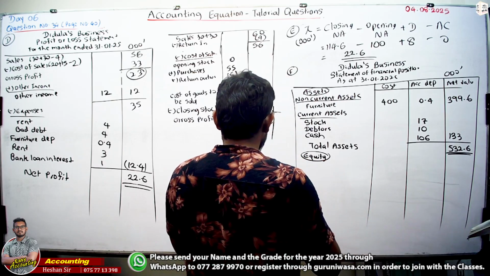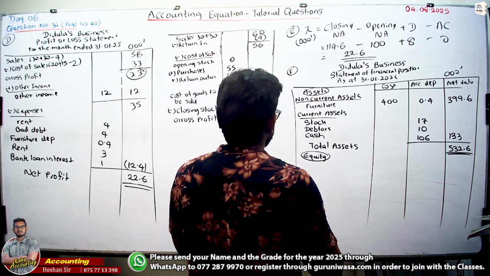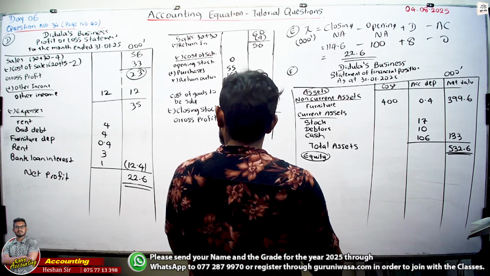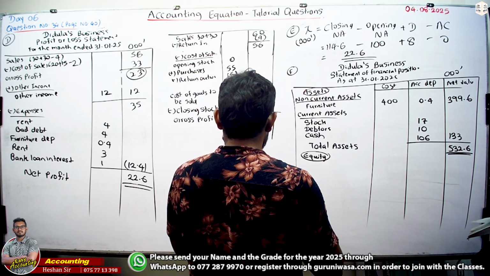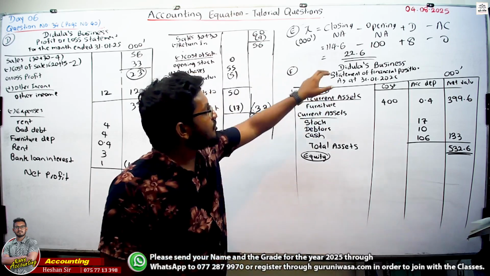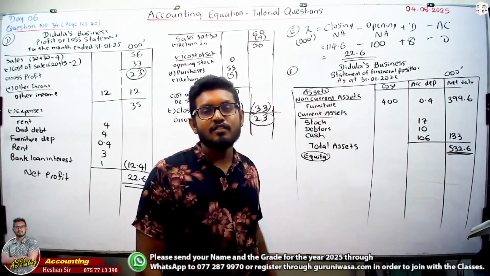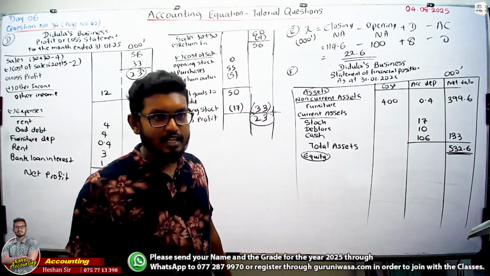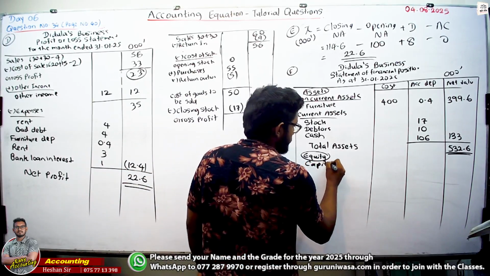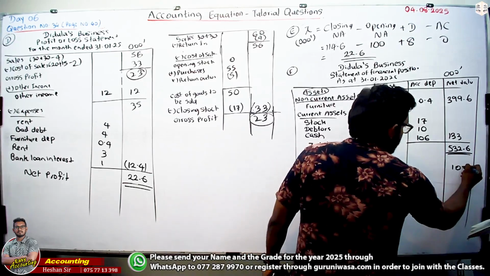Then how did this 114.6 come? 100,000 plus 20. I'll tell you like this, right? Owners capital was 100,000. Am I correct?